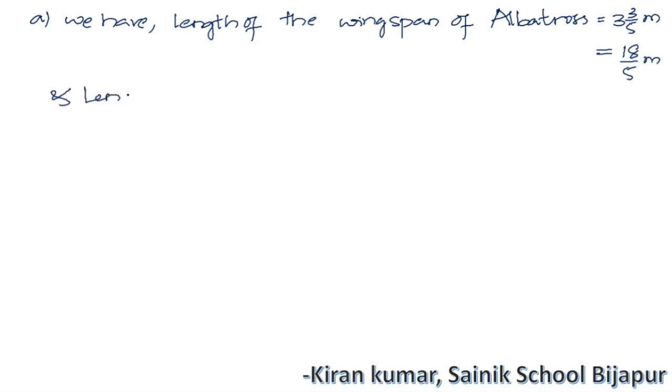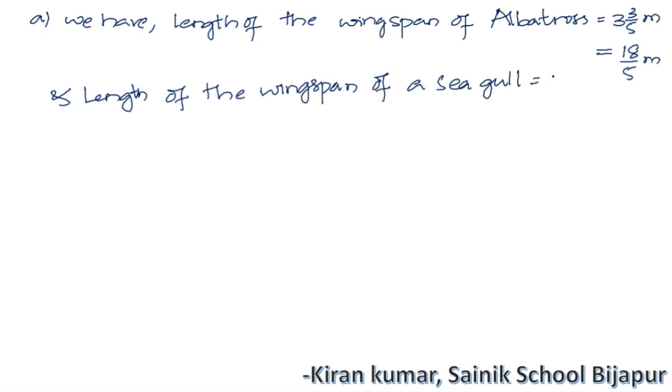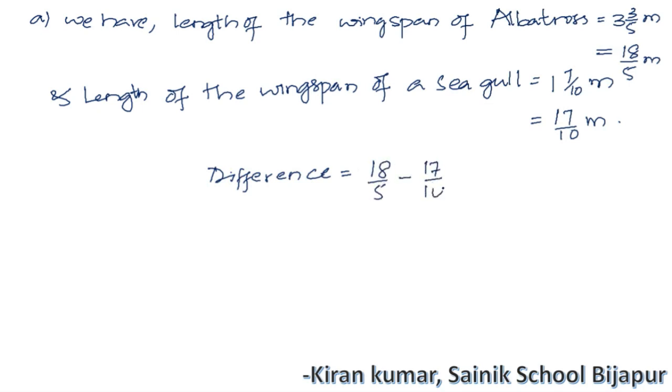And the length of the wingspan of seagull is 7 by 10 meters, the same as 17 by 10 meters. Now we require to find the difference, and the difference is 18 upon 5 minus 17 upon 10.